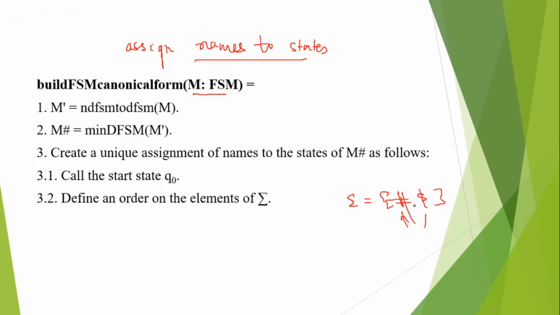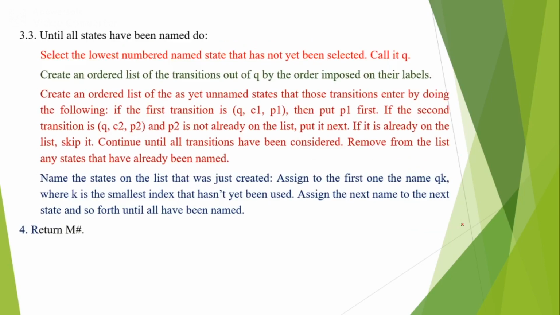So you specify the order for the characters that are present, maybe this one first, next this, and so on. The same order you have to take for the transitions in the FSM. Now, how to name the states? First, select the lowest-numbered state that has not yet been selected.